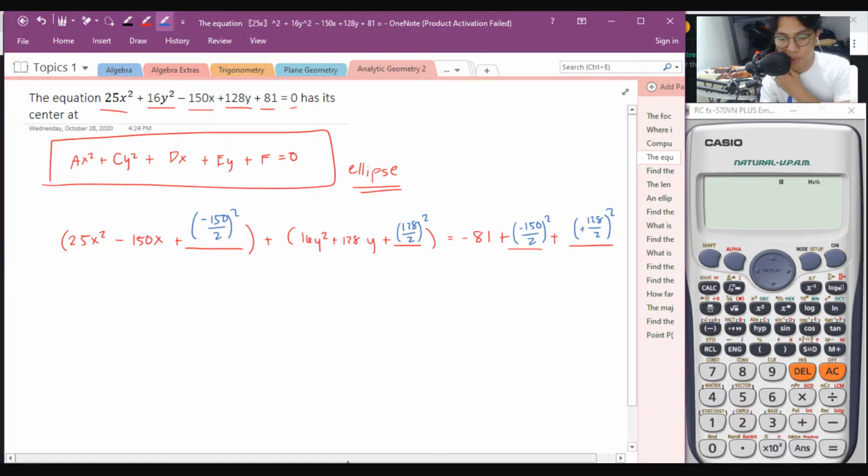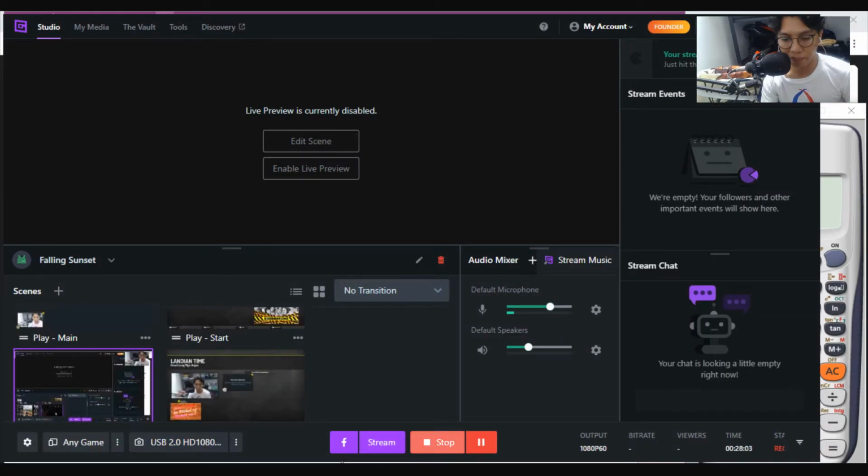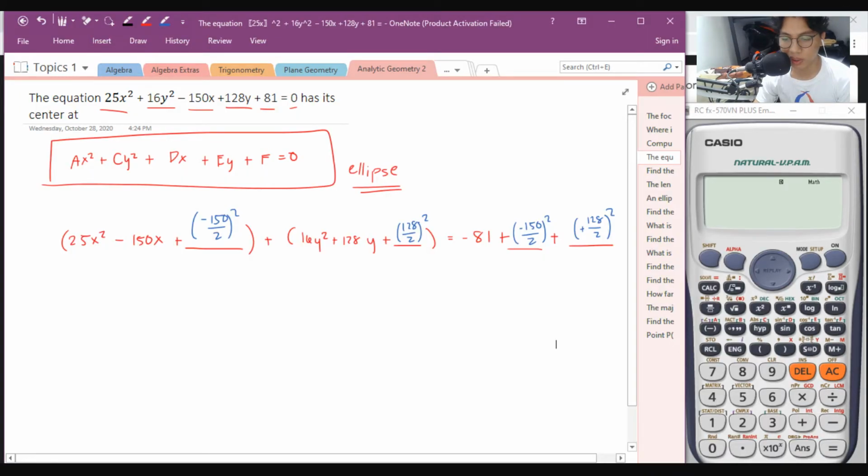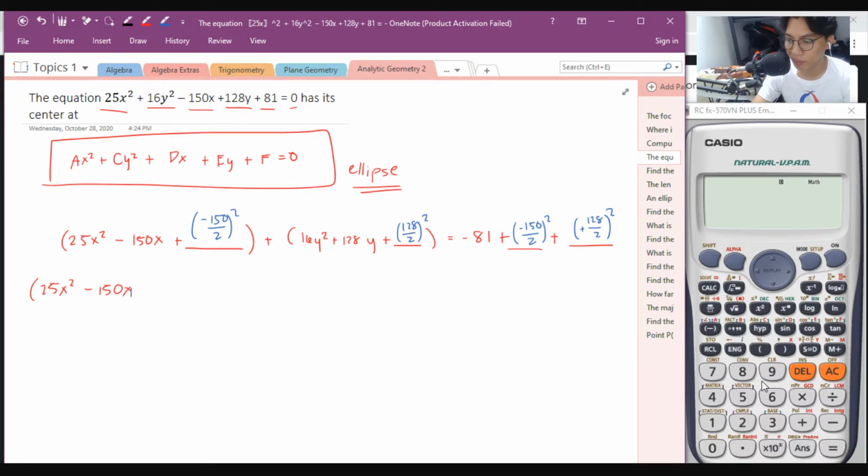Okay, so let us continue. Kung anong ginawa mo dito sa left side, gagawin mo din sa right side. So, let us simplify. 25x squared minus 150x. I think this is 75. Squared mo to. Okay, 75 squared. That is 5625.